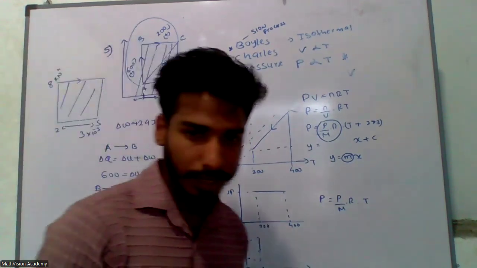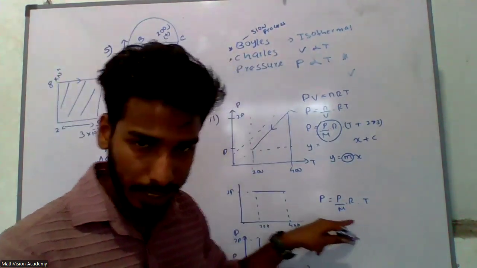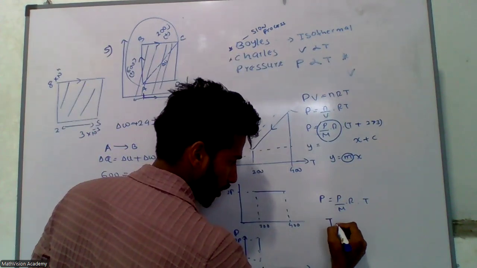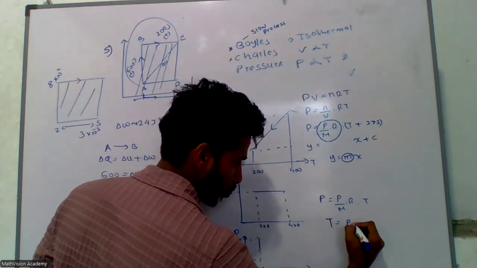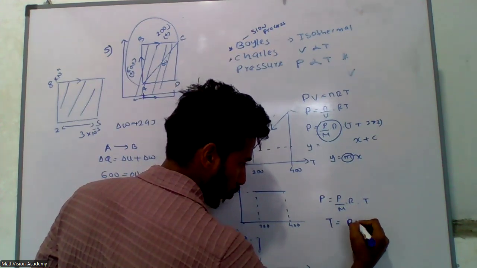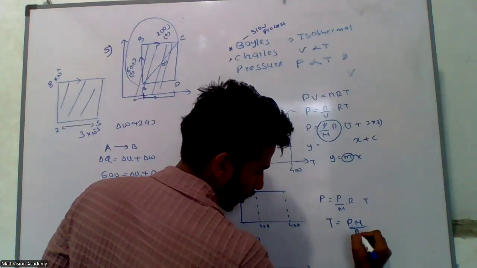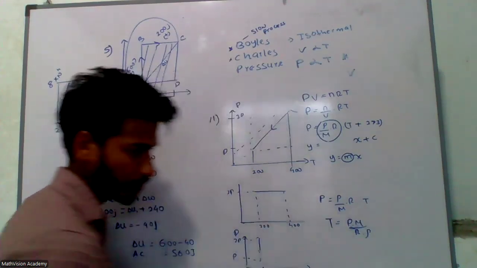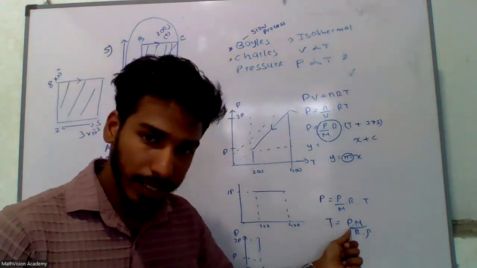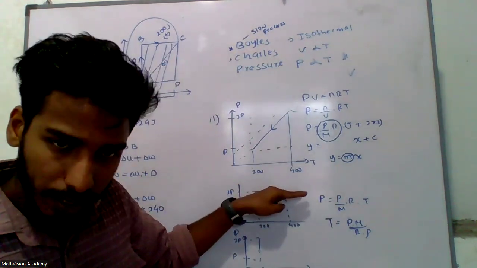Now if you look here, the pressure is a constant. So I'm going to take this to the other side. Temperature is equal to pressure into molar mass over R into my density. Now understand, pressure is a constant in this part, because it is fixed at 2P.